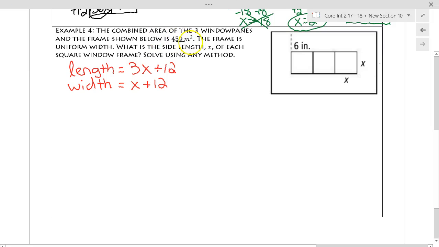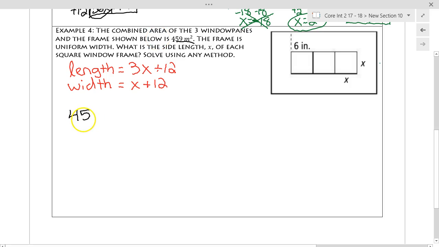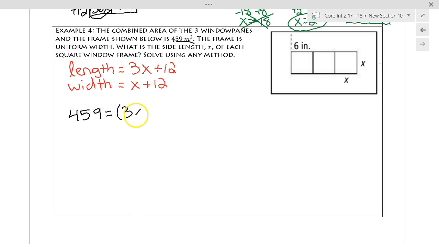So now my area is 459. Equals length times width, 3x plus 12, x plus 12.